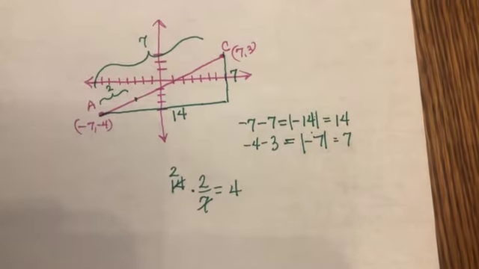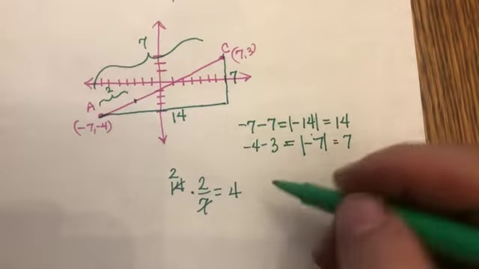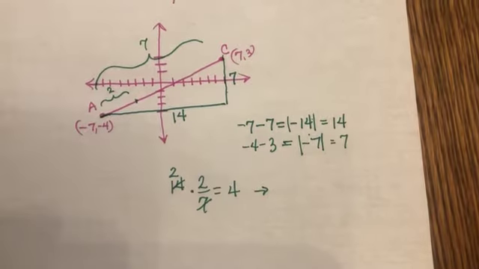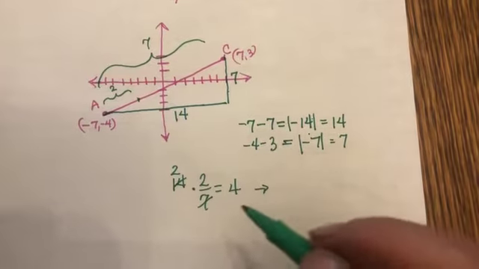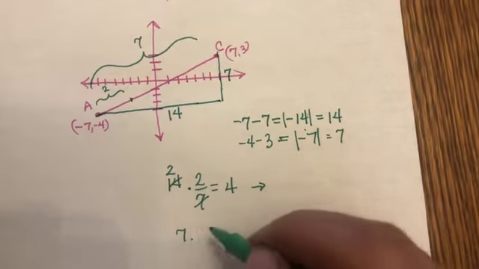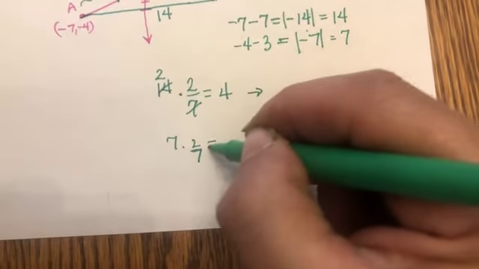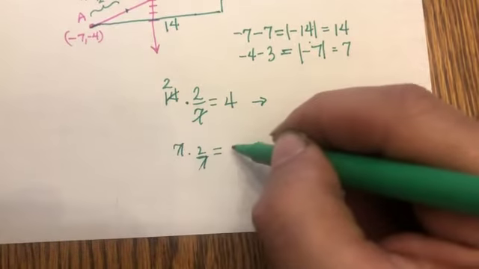So it's 4. The horizontal is going to be 4 units. The vertical distance, 7 times 2/7 is going to be 2.